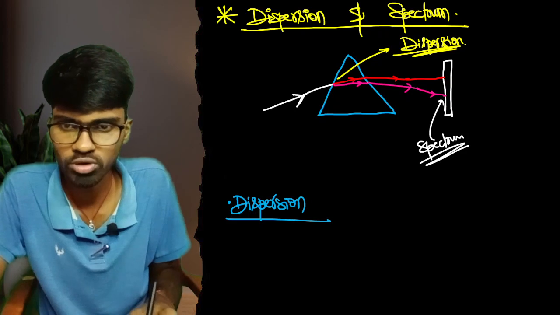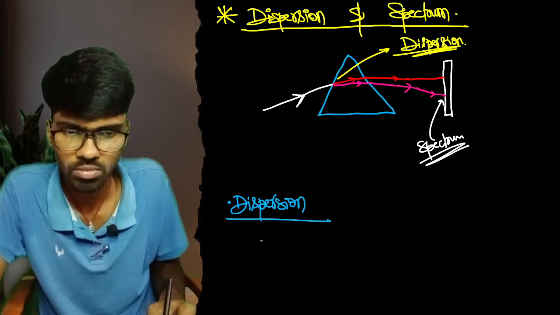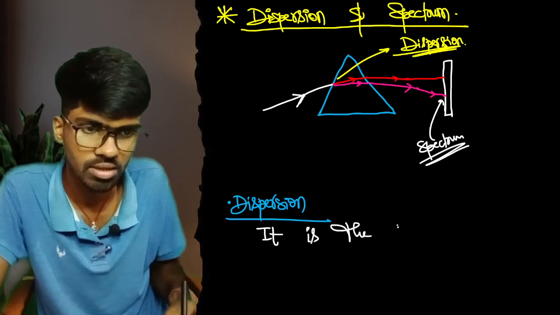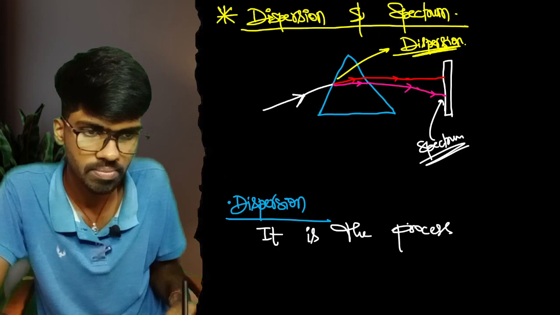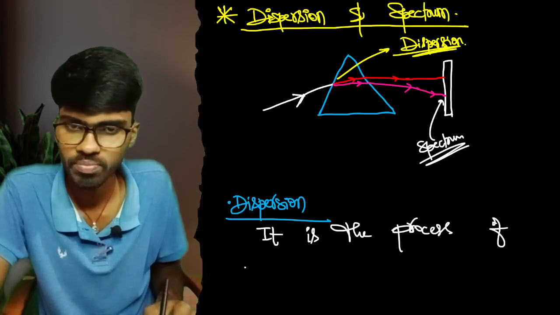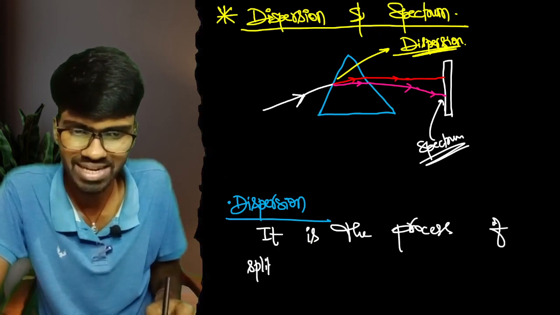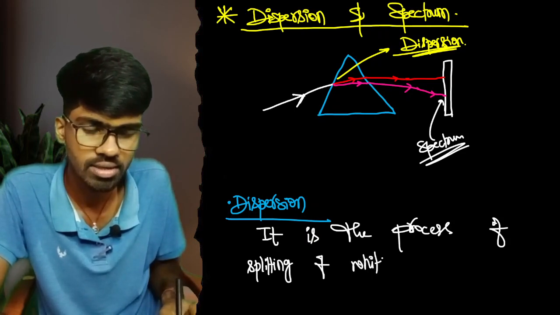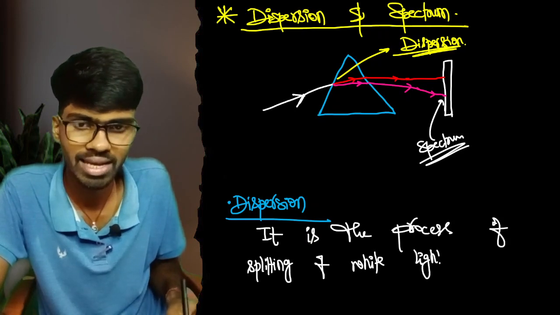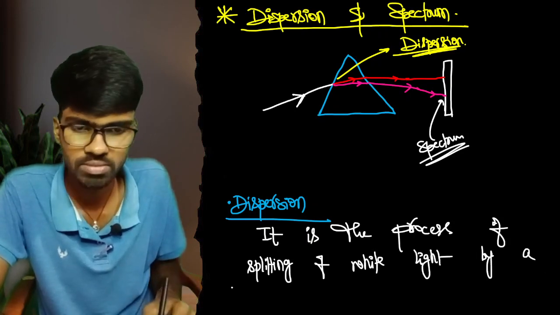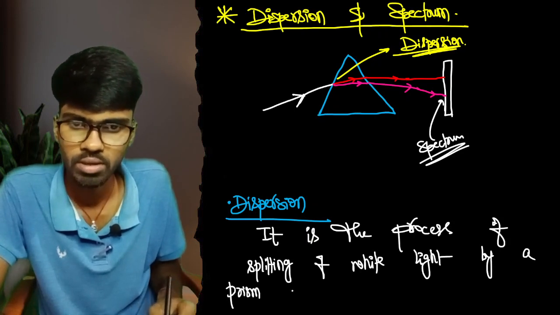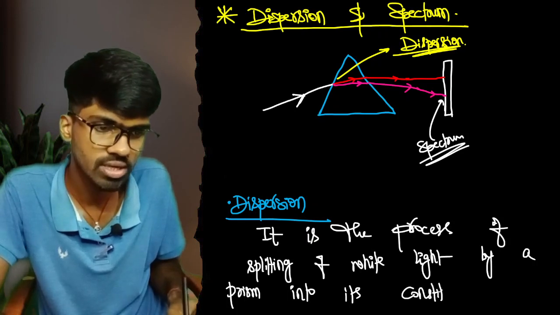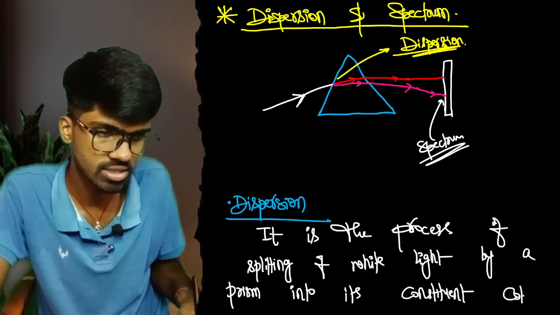Dispersion. About dispersion, we can write: it is the process of splitting of white light by a prism into its constituent colors.